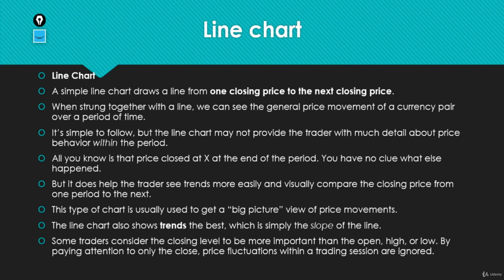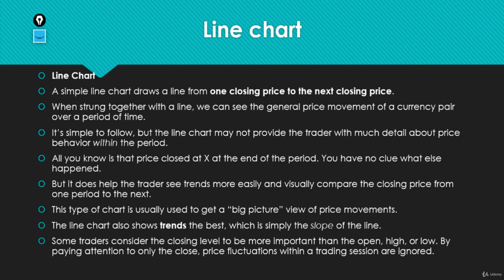First, we start with the line chart. A line chart is a simple chart drawing a line from one closing price to the next closing price. When strung together with a line, we can see the general price move of a currency pair over a period of time.